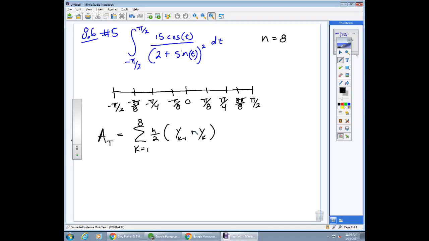So that's the trapezoidal rule right there. And so the fun part is we have to calculate each of those y values, which is one reason the online homework gives you the table of values, so you could just kind of plug them in.